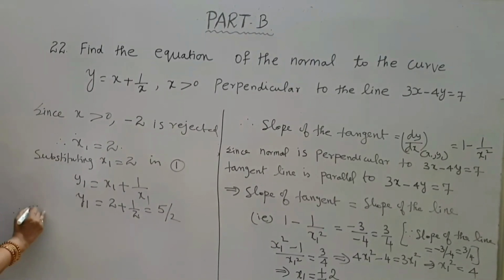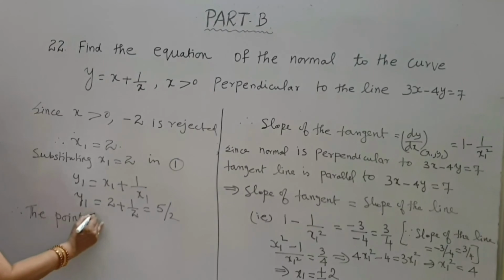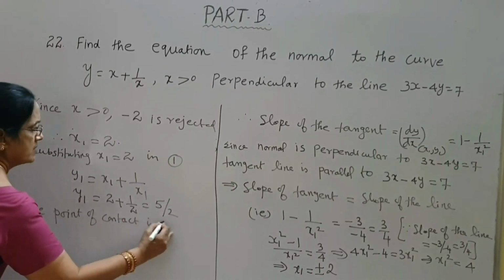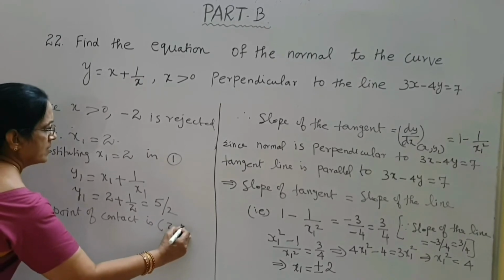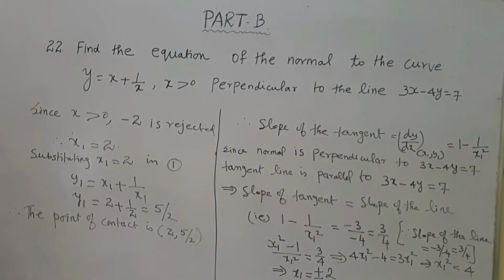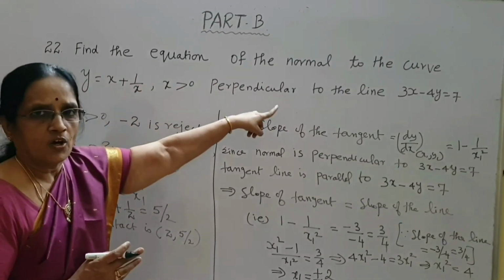Therefore, the point of contact is (2, 5 by 2). Now it is easy for me to write the equation of the normal.